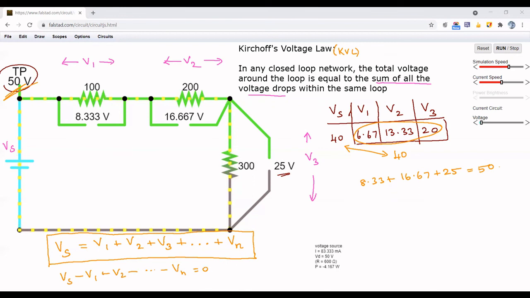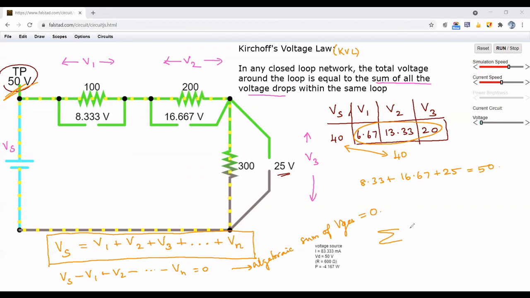In other words, KVL could also be stated as the algebraic sum of voltages within the loop is 0. So this Vs minus V1 minus so on is written as the algebraic sum of voltages. So the algebraic sum of voltages is equal to 0.